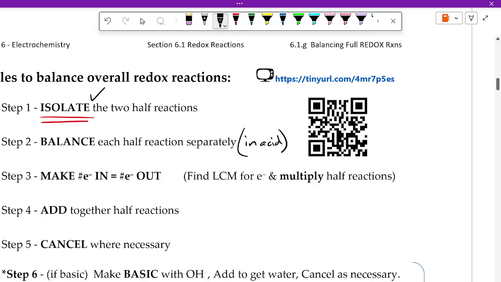We have isolated the half reactions. That step right there is the one that people miss that gives them electrons in their overall reaction. People will miss step number 1. They won't separate the half reactions.